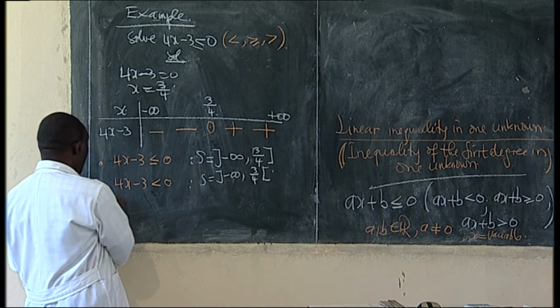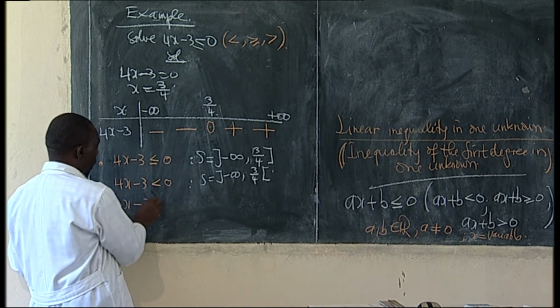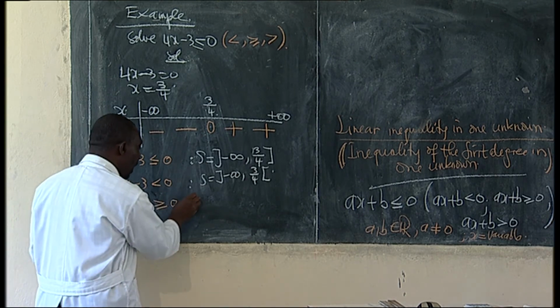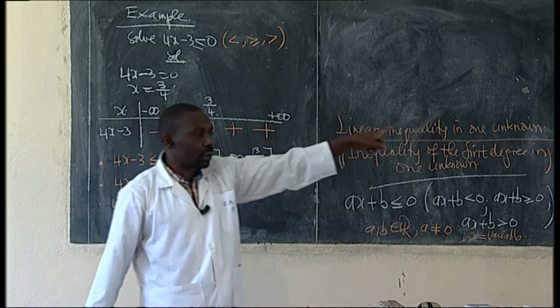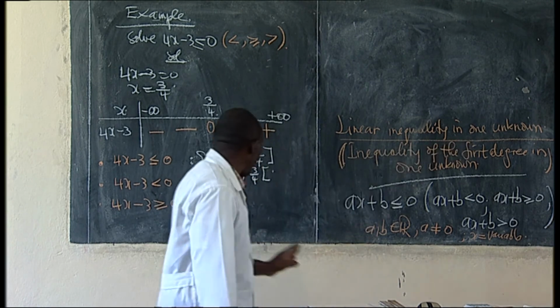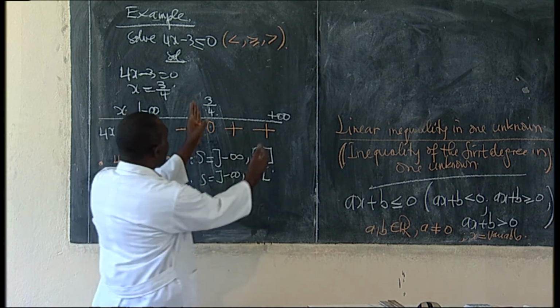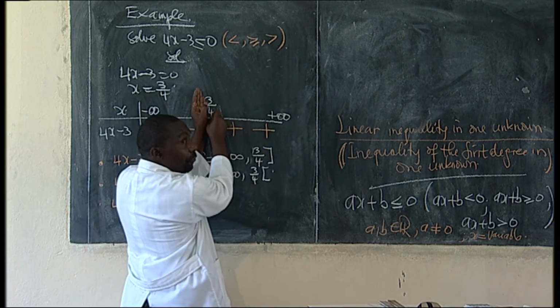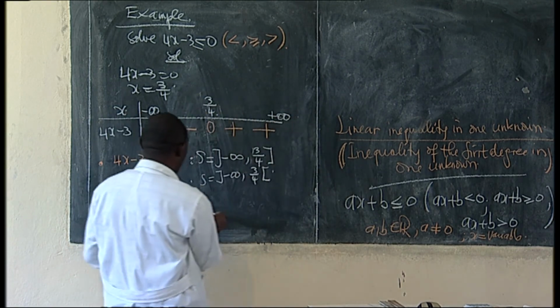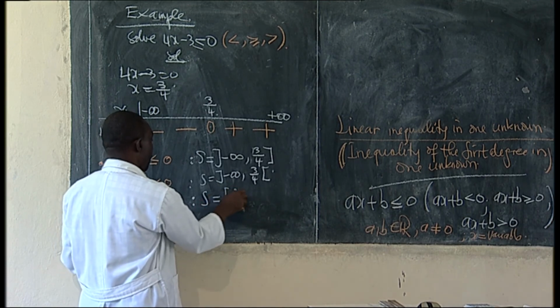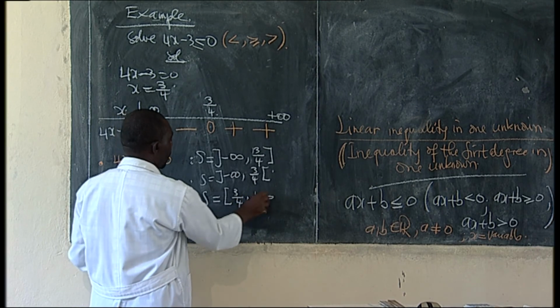In the case we have 4x minus 3 greater than or equal to 0, remember the remark? We have to take the positive interval. Then the positive interval is from 3 divided by 4 up to positive infinity. Means that the set of solution is from 3 divided by 4 up to positive infinity.